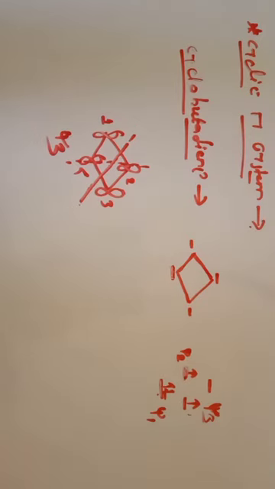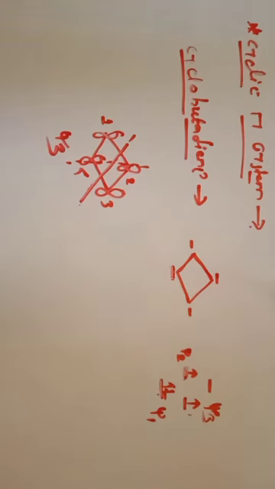Psi 2 has one node, and one node has two pictorial representations, so the energy is the same for these two representations because they have only one node. They are of equal energy, and psi 3 consists of two nodes: the node passing through carbon 2 and carbon 4, and the node perpendicular to the plane of the molecule bisecting it into two equal halves.